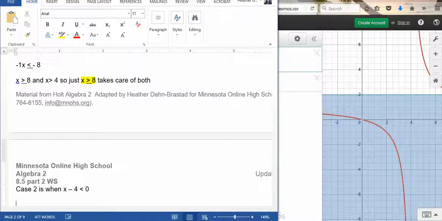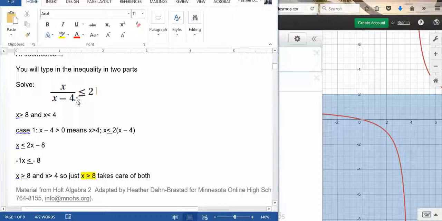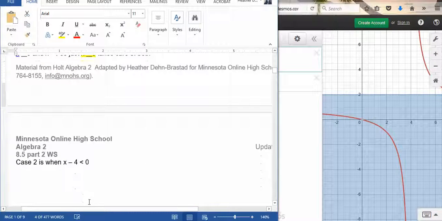And when it's less than 0, then I'd be multiplying both sides by a negative, and I would switch this inequality to a greater than. I would multiply both sides by x minus 4, except I would have to change that to a greater than sign. Let me finish this up, which means that x would be less than 4.